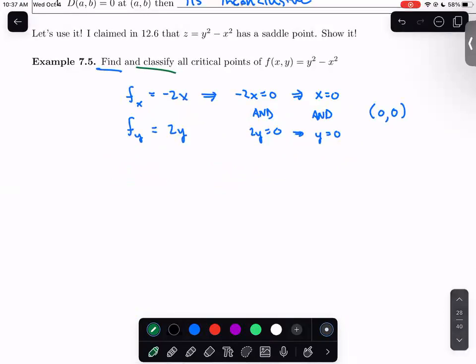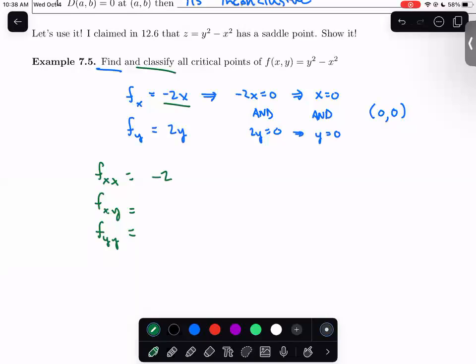All right, classifying largely deals with these second partial derivatives. So I'm going to spend a little bit of time first calculating out some components. I need to take two partial derivatives with respect to x. Well, I already have one up here. I could do another one, and that's just going to be negative 2 times 1, because the derivative of x would be 1.